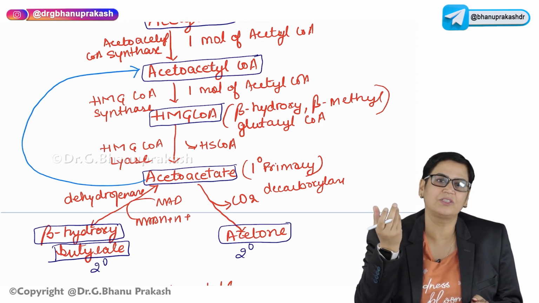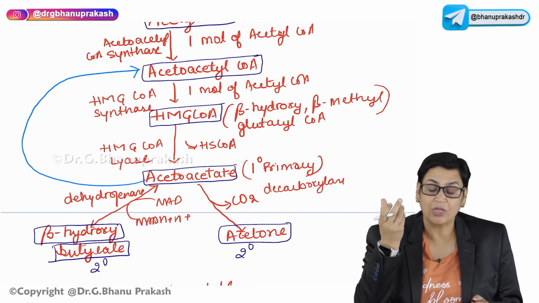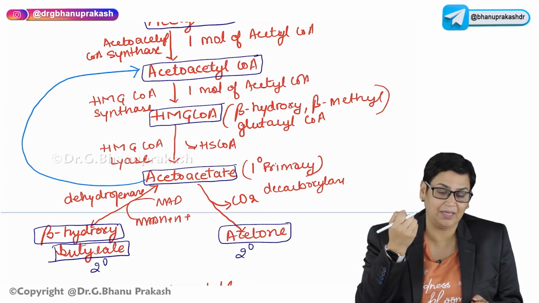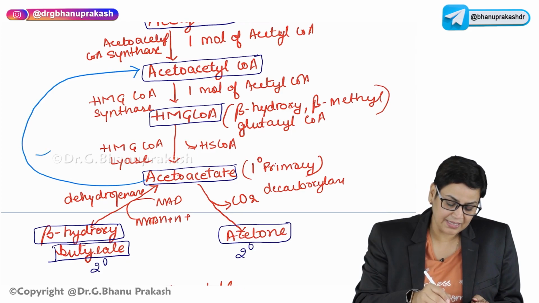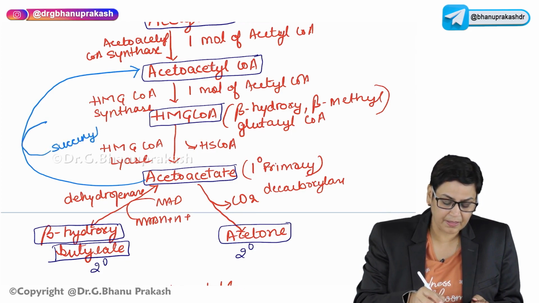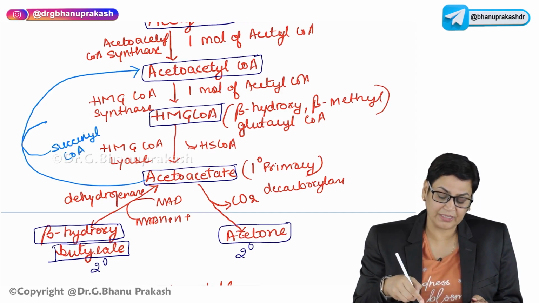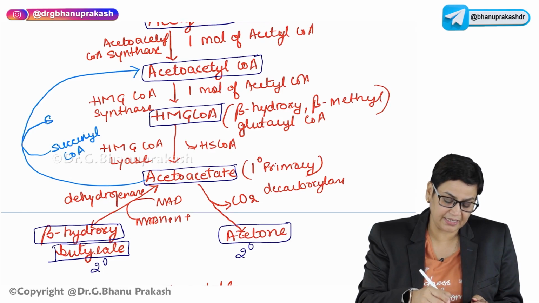It is the difference of this CoA, plain and simple. And this CoA is coming from succinyl coenzyme A. This succinyl coenzyme A is giving this coenzyme A to acetoacetate and is converted back to succinic acid.